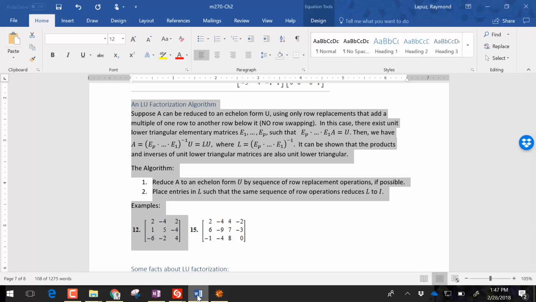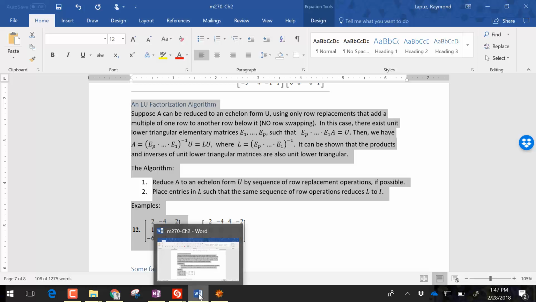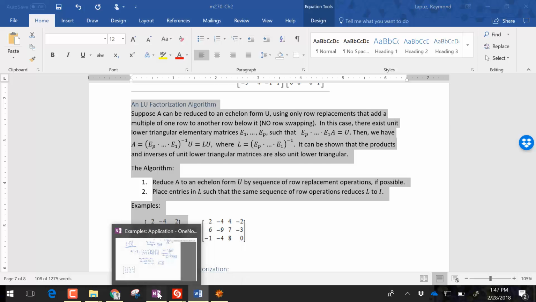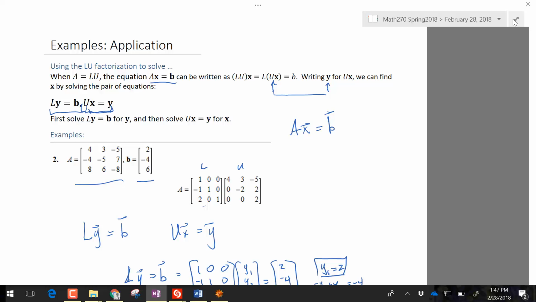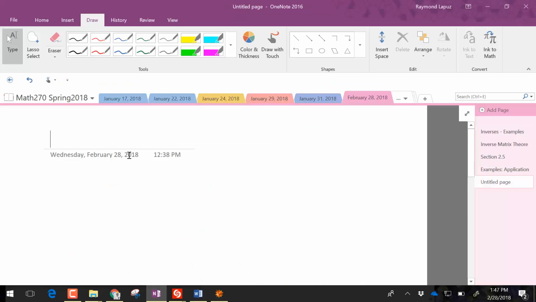This is typed up nicer. The one we did was only for a 2 by 2 matrix, so this is for a more general matrix. So let's get this down as a general algorithm.